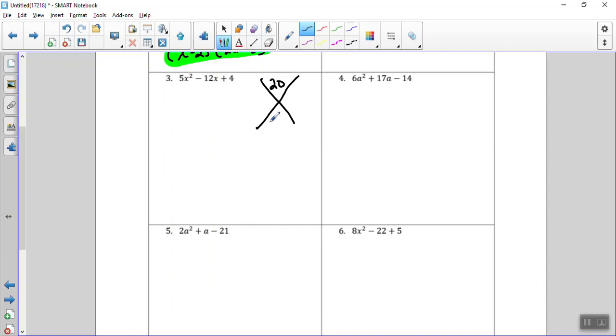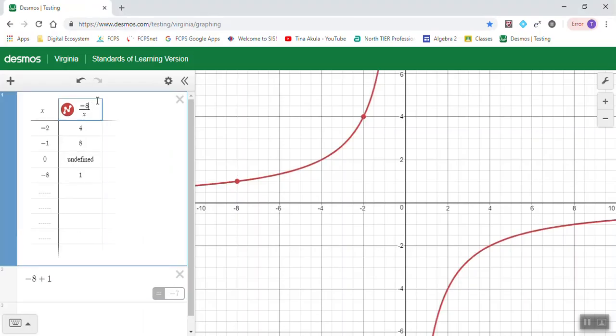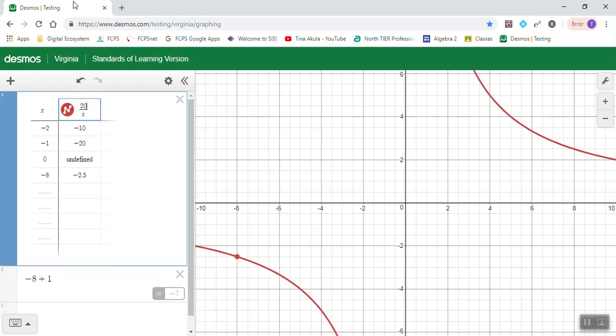And then they have to add together to give me negative 12. So what two numbers multiply together to give me 20, but add together to give me negative 12? I'm drawing a blank here. What are my factors of 20? Oh, that works. Negative 2 and negative 10.